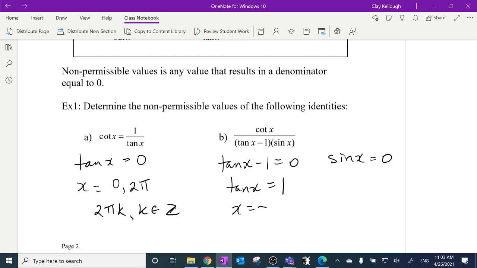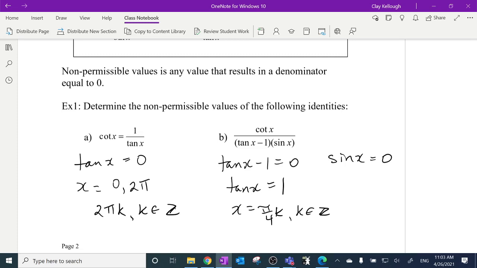So I would say pi by 4 times k, where k is an element of integers, right? Because remember, pi by 4, that's 45 degrees. Tangent of 45 is 1. So you can't use pi by 4 for x, or any multiple of pi by 4, like 5 pi by 4 or whatever.